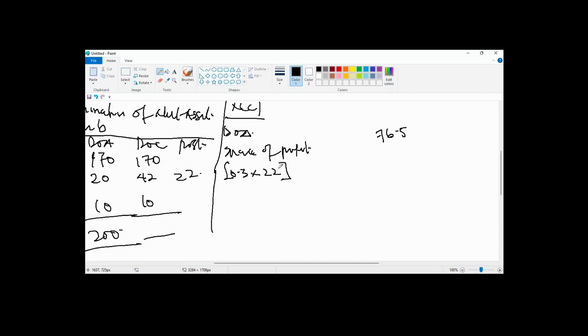What is the answer? Please, somebody should give us. For the NCI, 6.6.